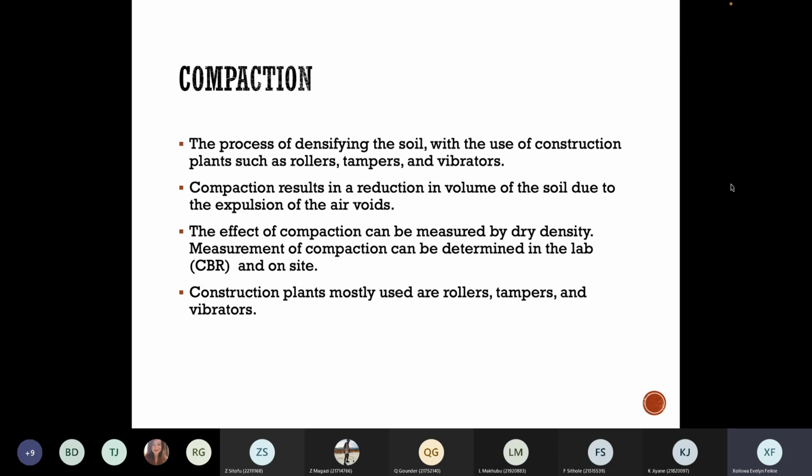So basically what we do is we get soil and we compact it. We have different basins, maybe 4 or 5 of them, all 7 kgs of soil, completely dry, and we add water in it. In the other one, we'll add 4%, maybe 6%, 8%, 10%, depending on what we want to achieve.